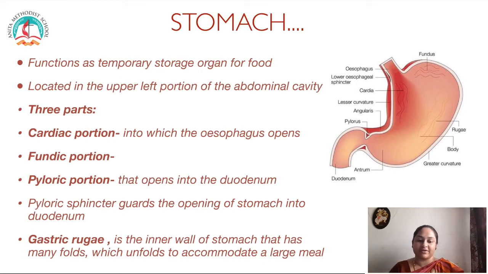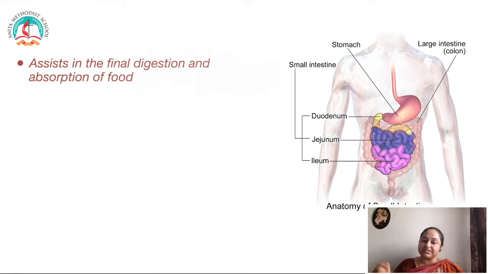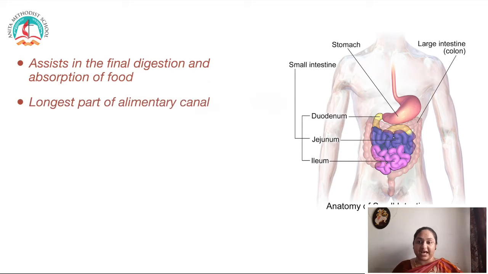Okay. Then we have the small intestine. That is where the food that you eat travels to after the stomach. It assists in the final digestion and absorption of food. And it is the longest part of the alimentary canal. There are three portions in the small intestine.